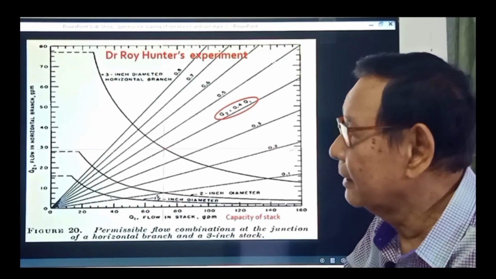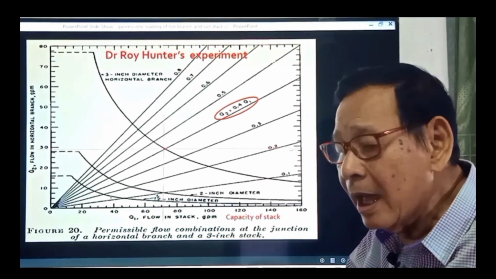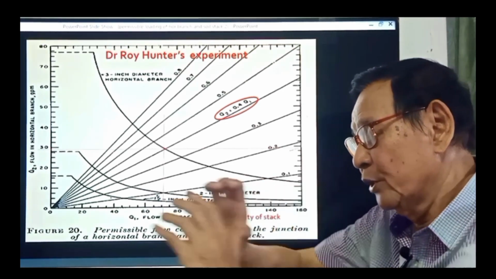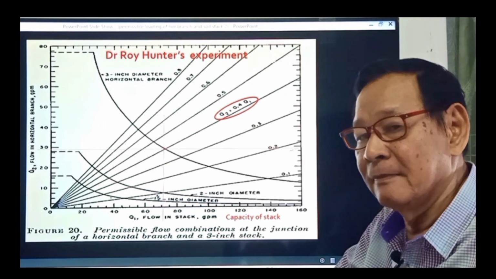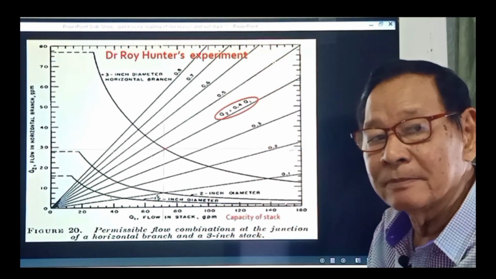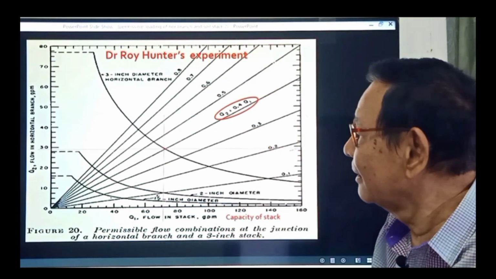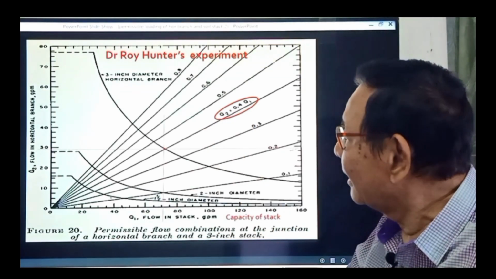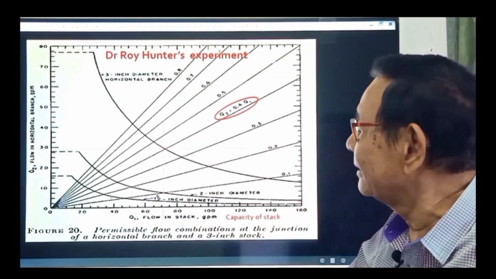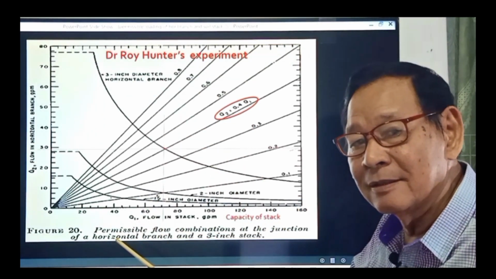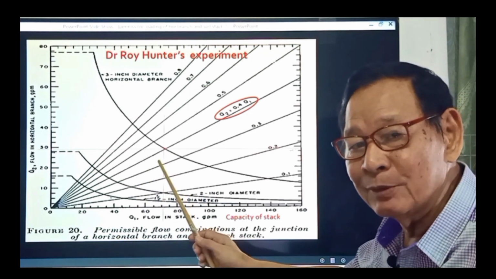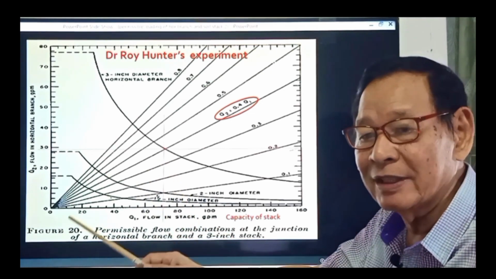Okay. Ang relasyon ng horizontal pipe and then the vertical pipe stack, ang relasyon ay nasa experiment ni Dr. Roy Hunter. Hindi lang ito experiment. Maraming mathematics itong involved dito. The theories and principles involved.